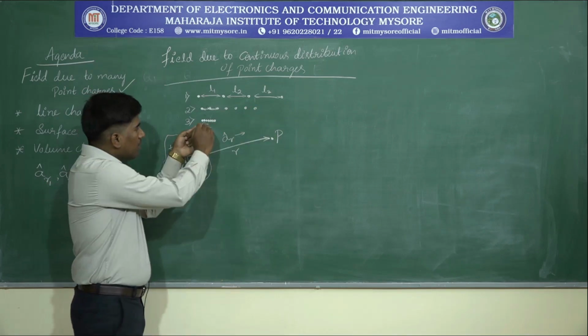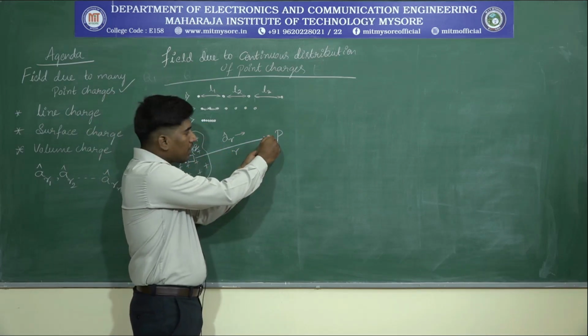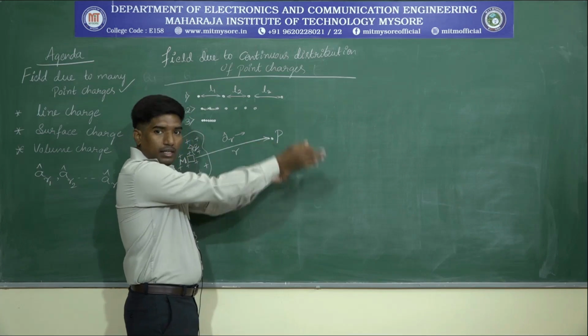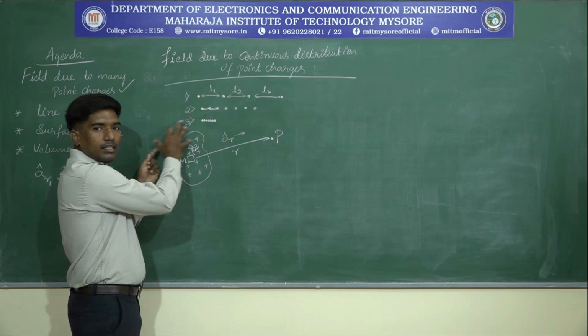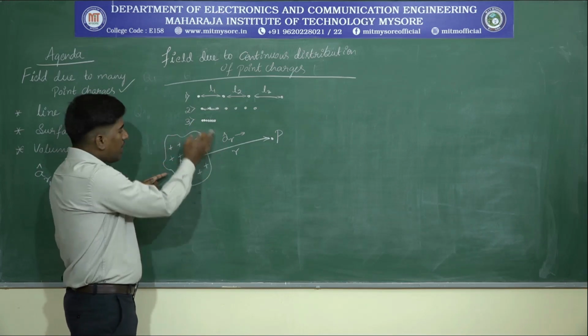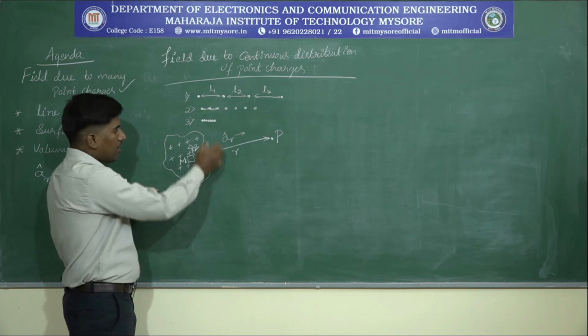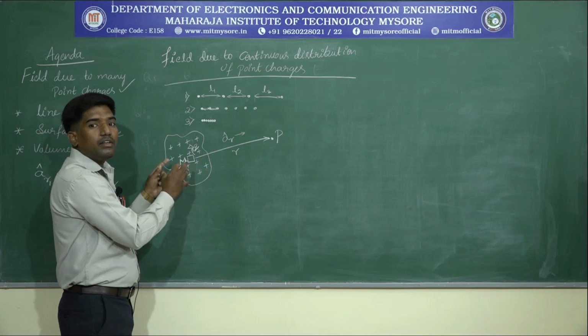Got it? So under this circumstance, what is the electric field intensity obtained at that point P to be calculated? Under that circumstance, we have taken this particular area. Now let us consider a finite area where the charge distribution is continuous.